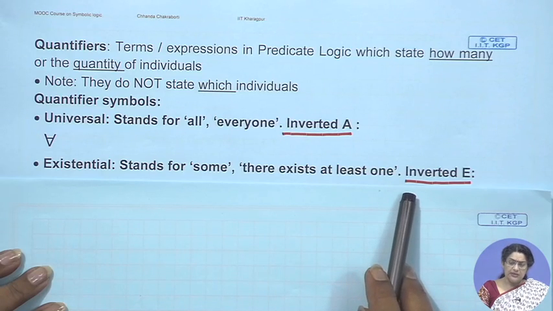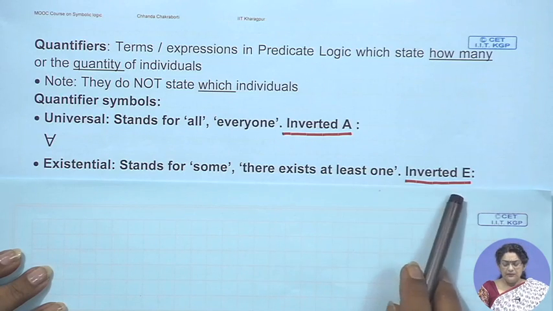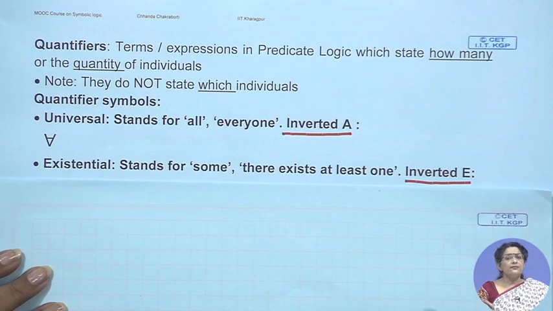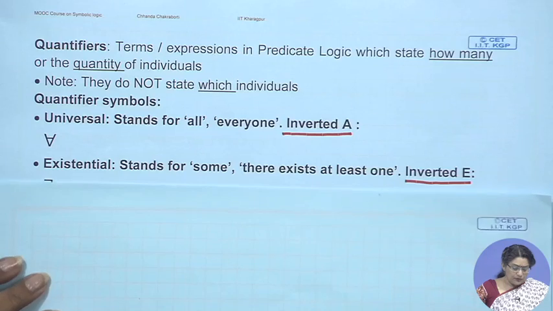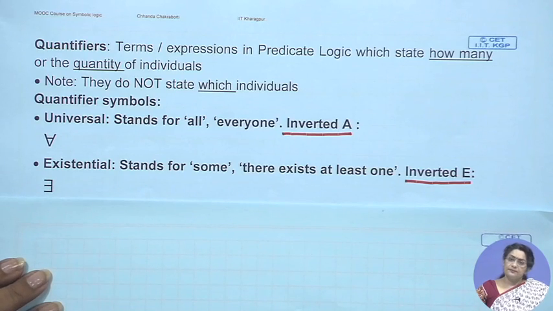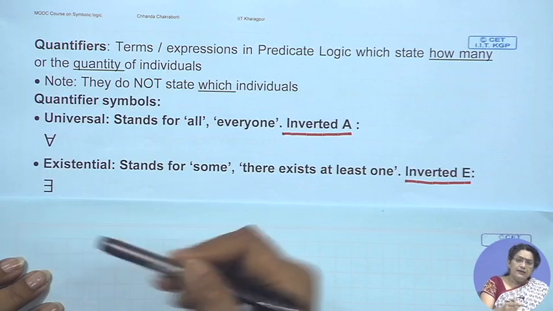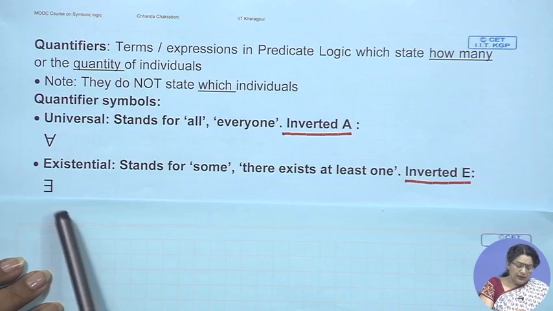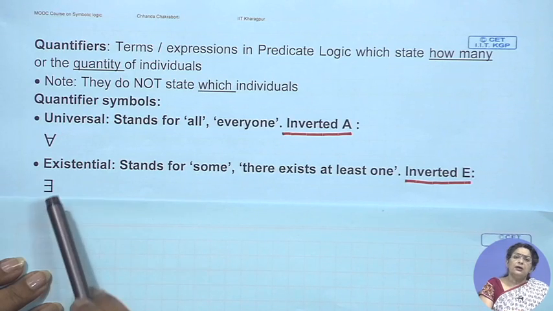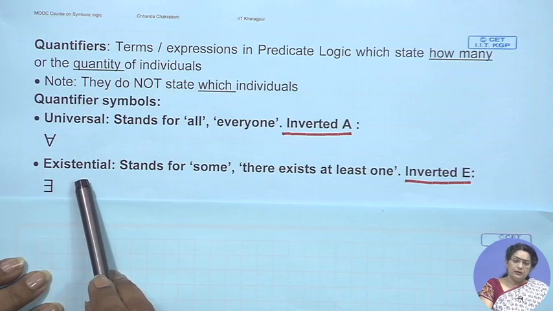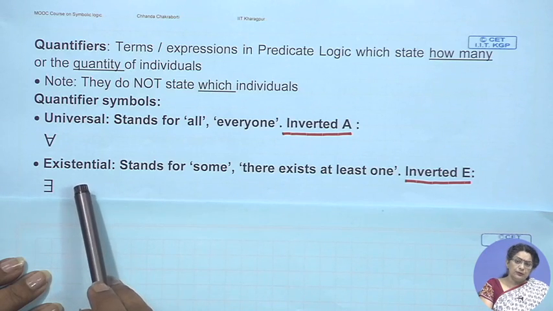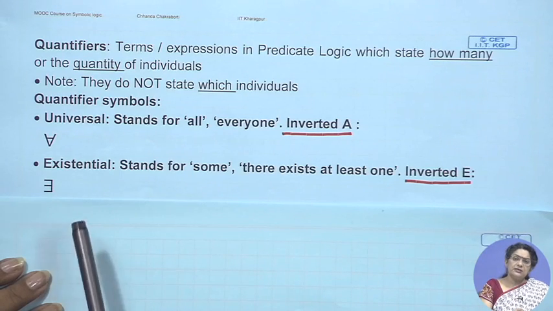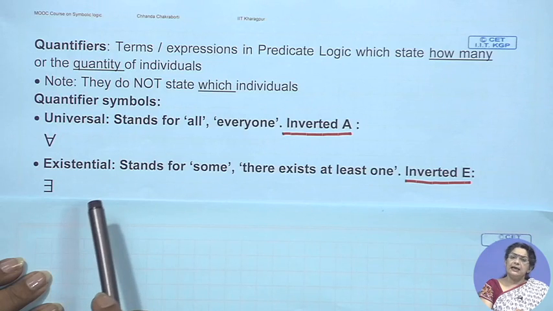Notice this is the reason why it is symbolized with inverted E. The E refers to existence. Inverted E. So, it looks like this. Get it? This is inverted A for universal. This is inverted E for what used to be called the particular, but please now note, with first order predicate logic, there is a default existence claim.